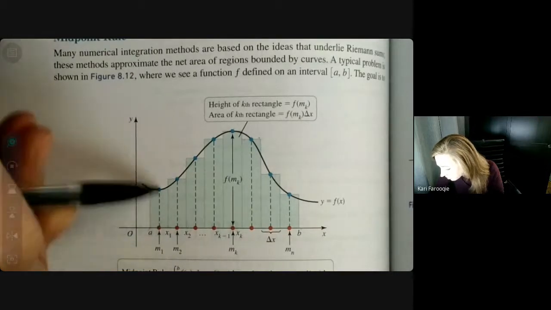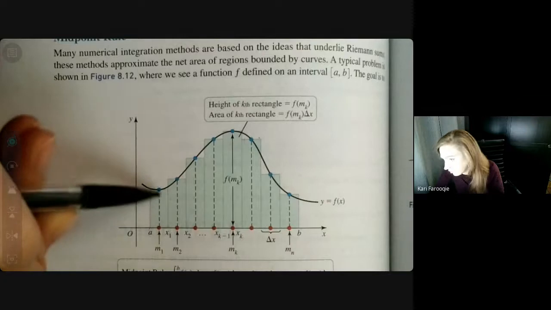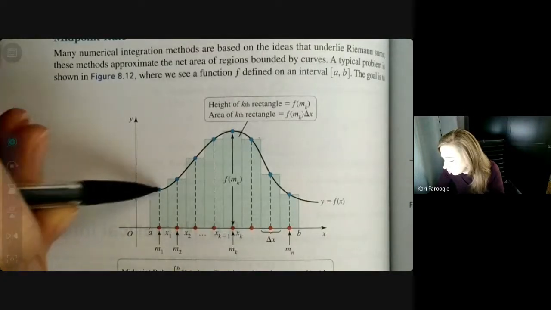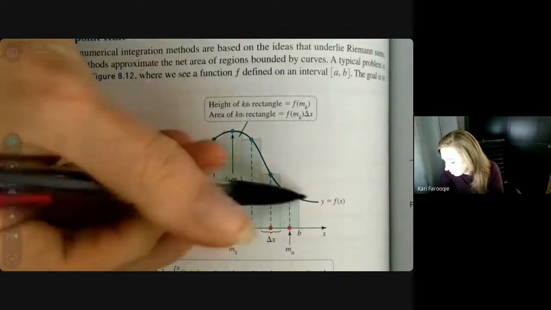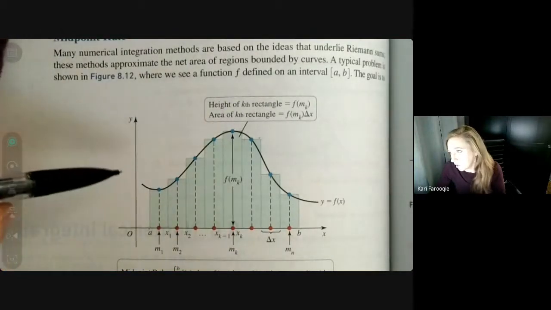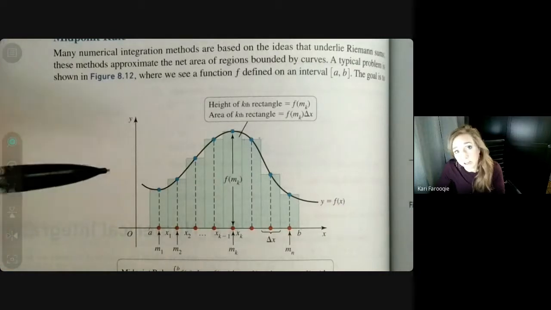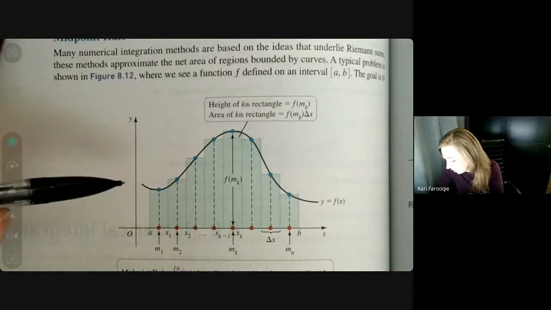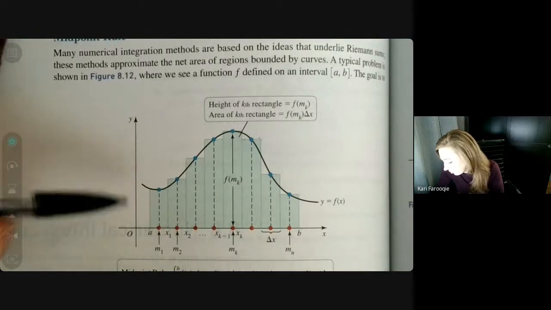The midpoints are just going to be the halfway points of these rectangles where you're looking at that on the curve, just so that you can ensure that you're equidistant as you work your way through. But that's basically what this rule is doing. It's just using rectangles. Like I said, each one of these rules is going to be using a different sort of geometric process in order to evaluate the approximations.